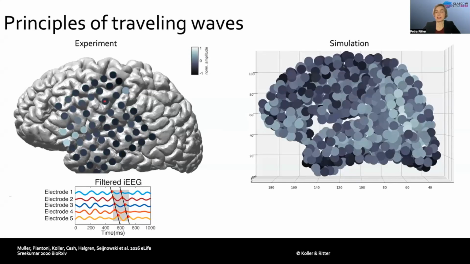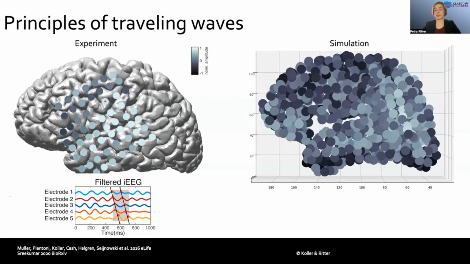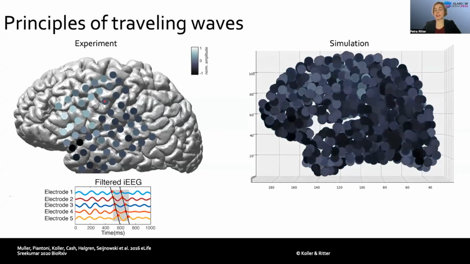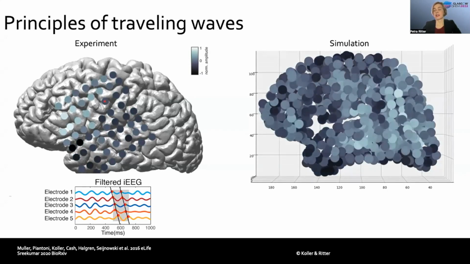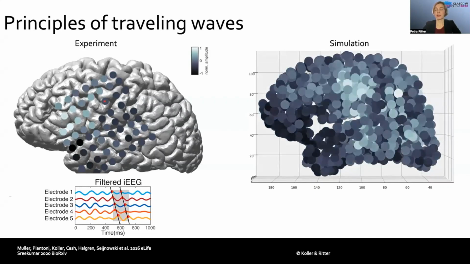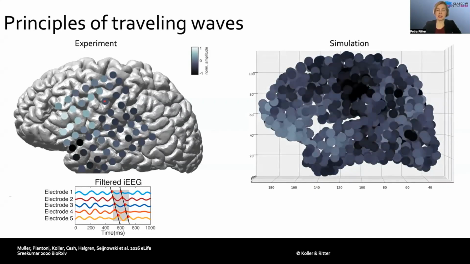The dynamics that the brain generates are the result of complex interactions. To understand their origin and their principles, we need dynamic systems theory. And here's another example. Traveling waves can be seen in the intracranial EEG on the left side. They are another potentially important signature of how the brain integrates information across distant sites.